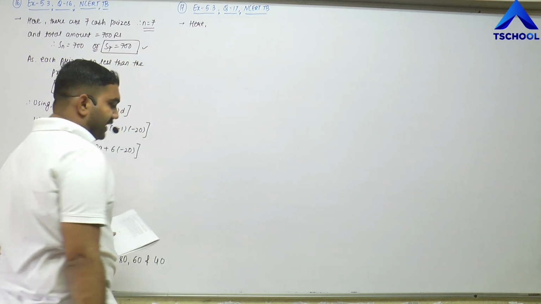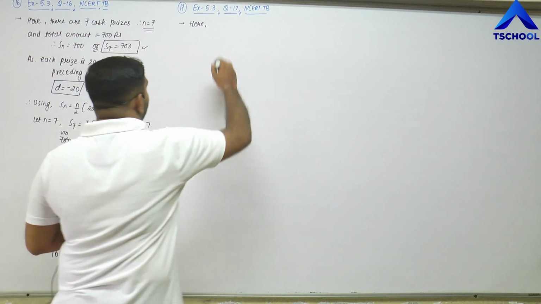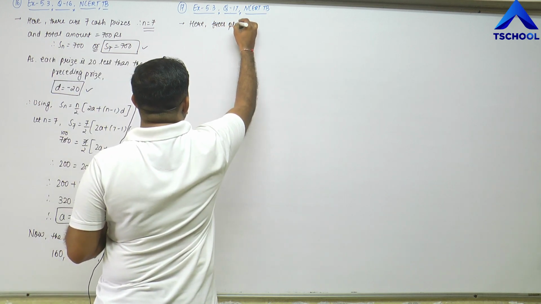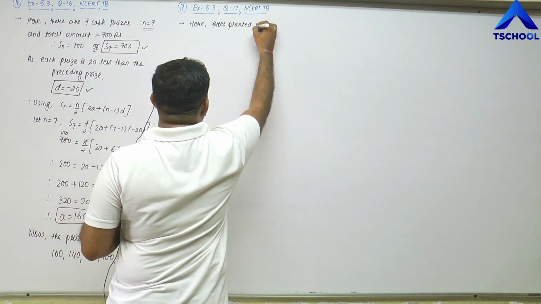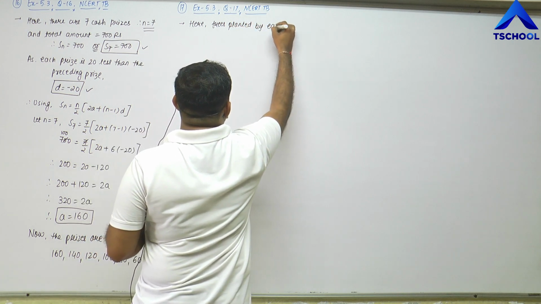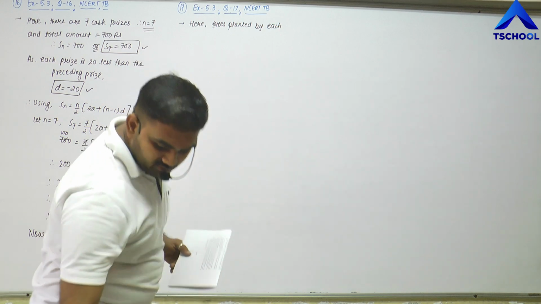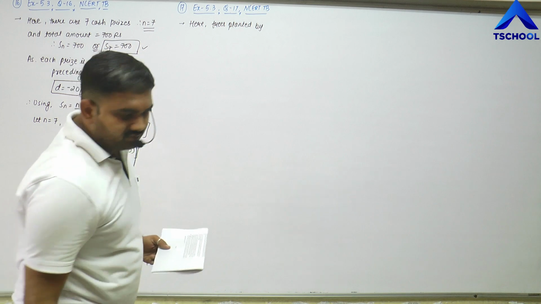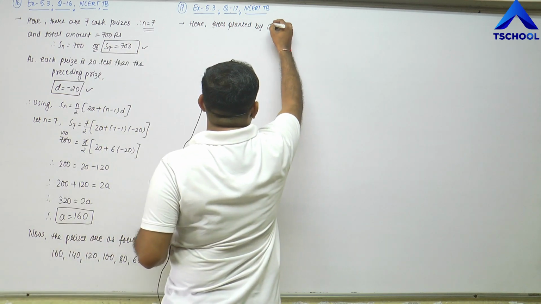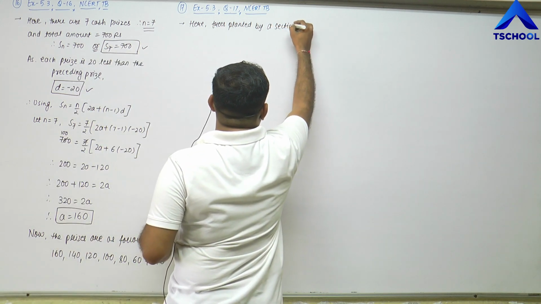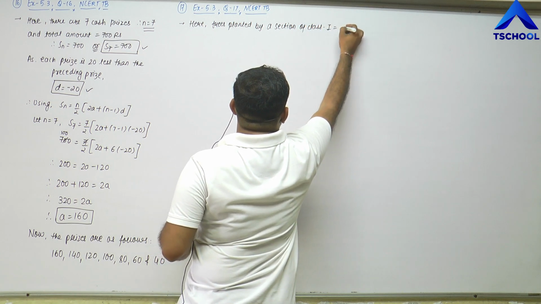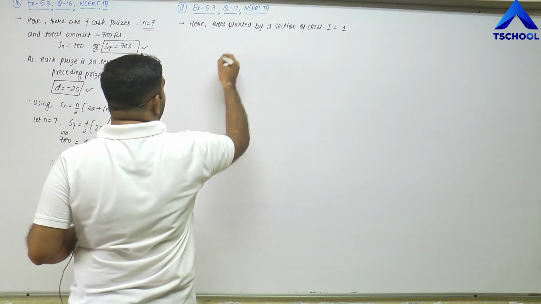The solution goes like this: trees planted by a section of class 1 is equal to 1, right?